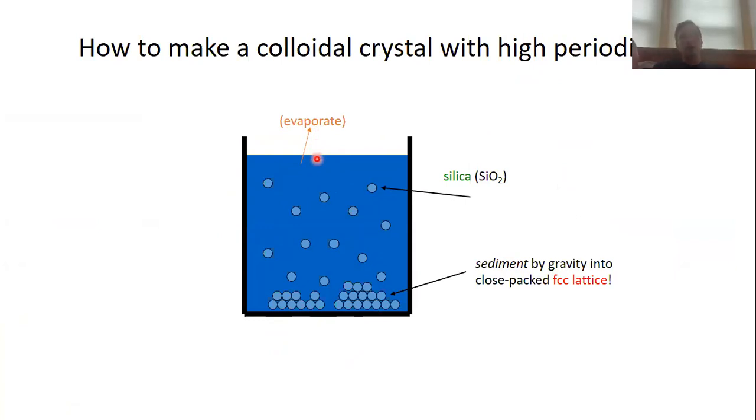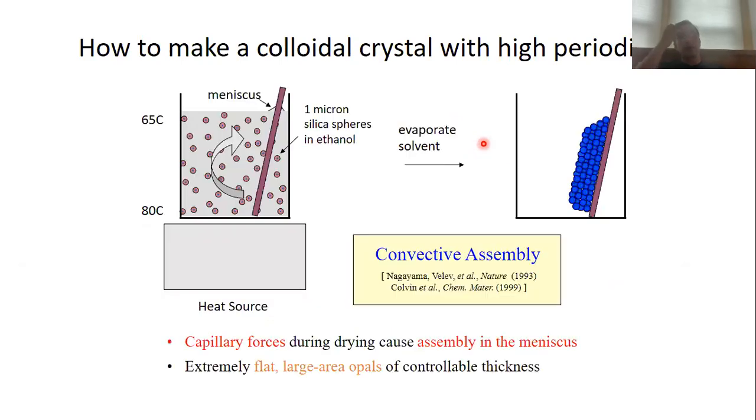The water will slowly evaporate, and gravity will, over time, let the particles sink to the ground, and thermal motion will arrange them in an ordered close-packed lattice. So this is a very simple method to produce a colloidal crystal with a high periodicity.